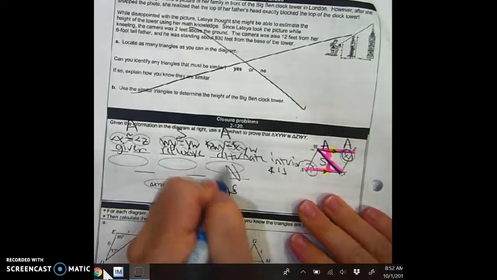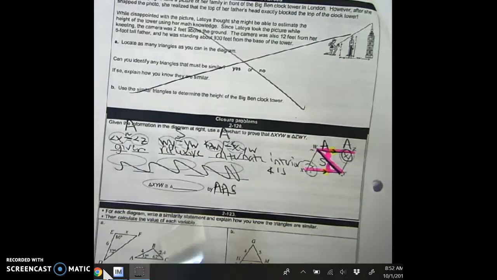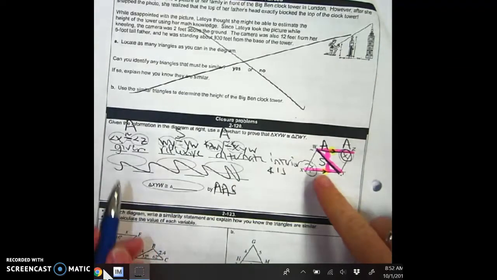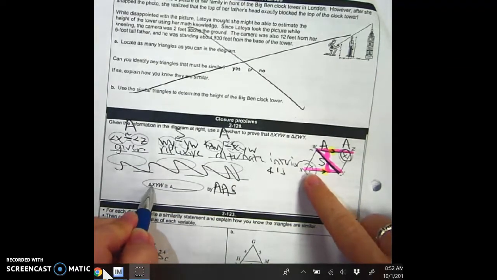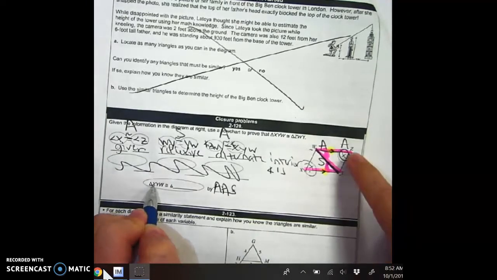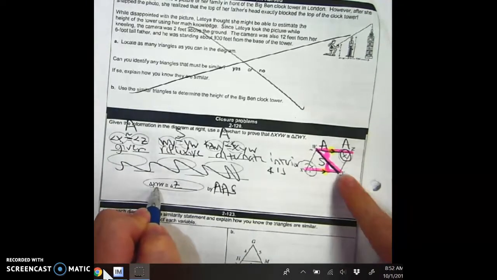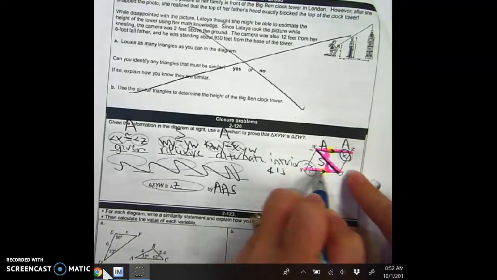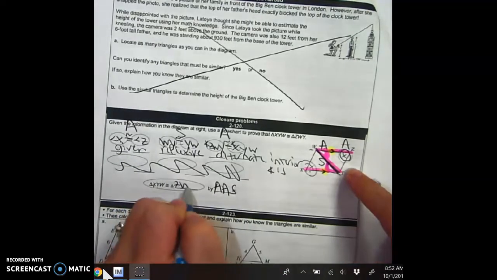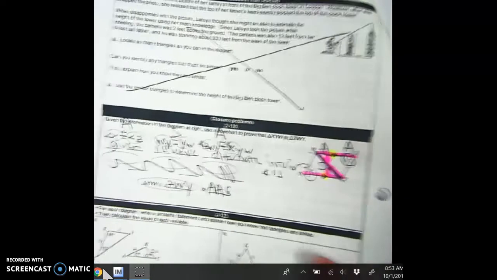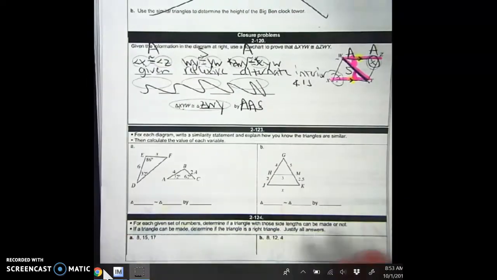And actually, we don't need this center one right here. So this is good enough right now, okay? And then now we'll see, let's match it up. Triangle X, so if it starts with X, I got to start with Z. Then I go to Y. So since I go to Y here, I got to go to W there, and then it ends in Y, okay? All right, let's go to the next one.